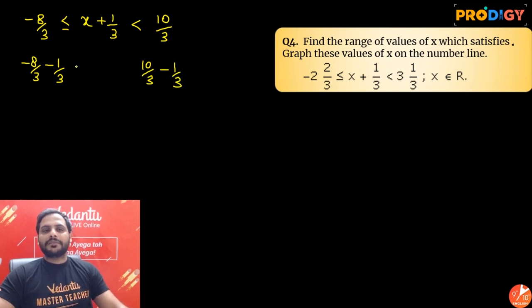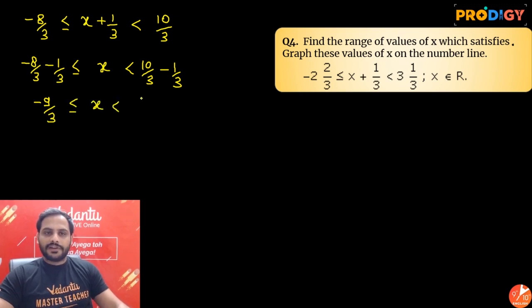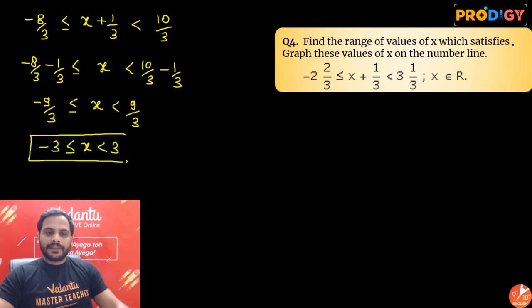Solve it, it will become minus 9 by 3 is less than or equal to x is less than 10 minus 1, 9 by 3. Minus 9 by 3 is minus 3 and here 3. That means we can say x is greater than or equal to minus 3 but x is less than 3.